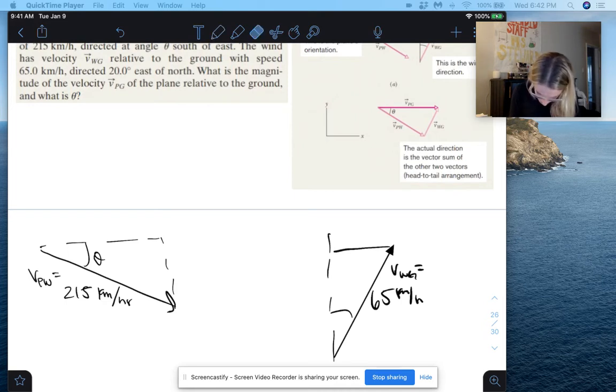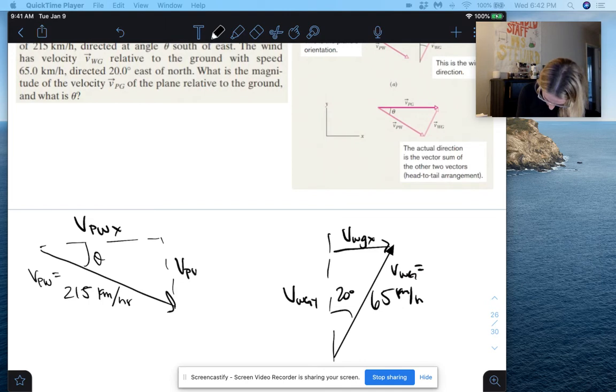I'm going to write that in. Now, this will be velocity of the wind relative to the ground, x component, velocity of the wind relative to the ground, y component. This will be velocity of the plane relative to the wind, x component, and the velocity of the plane relative to the wind, y component. So down like that. Okay.